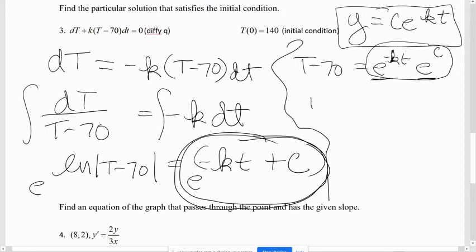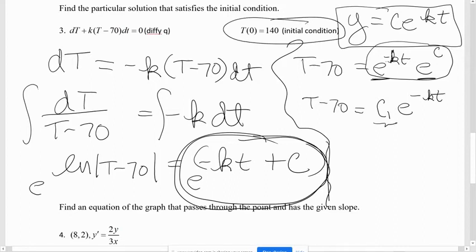So this would be T minus 70, and then e to the c is just another constant. I'm going to call that C1, let's say. So it'd be C1 e to the negative kt. Now I'm going to plug in, because I need to figure out what that constant C1 is based on this initial condition.